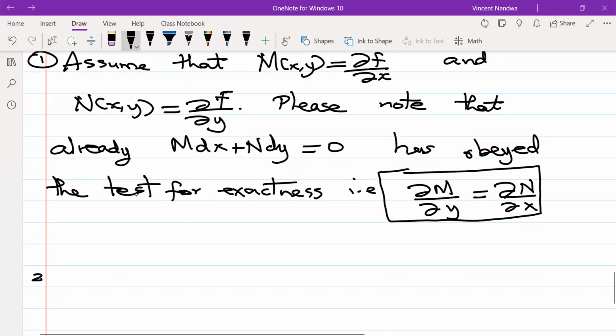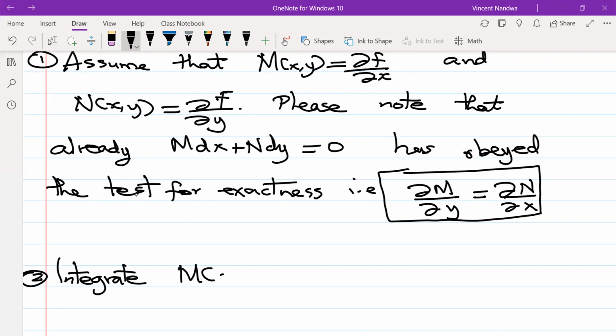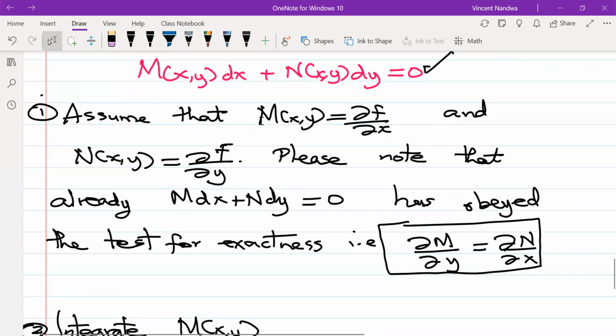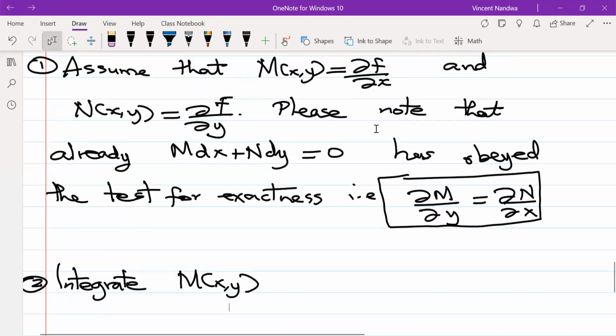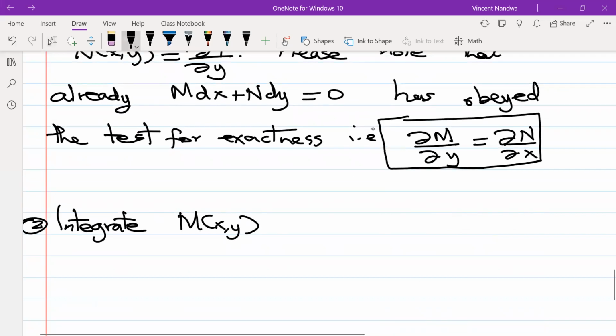Number 2, integrate M with respect to x. Remember, M is partial f partial x. So integrate M with respect to x.